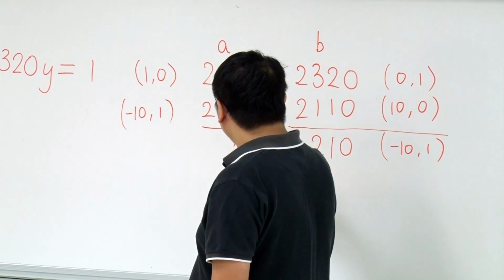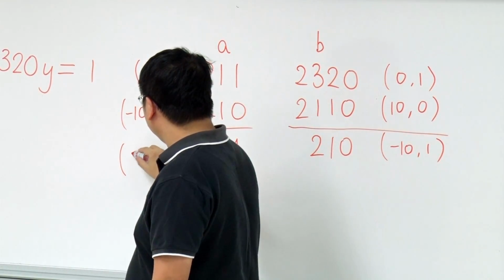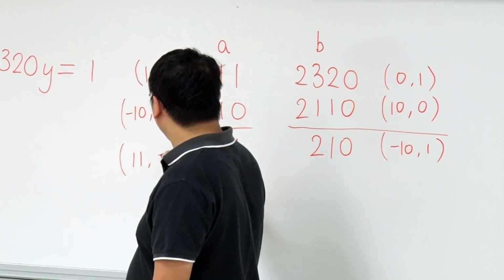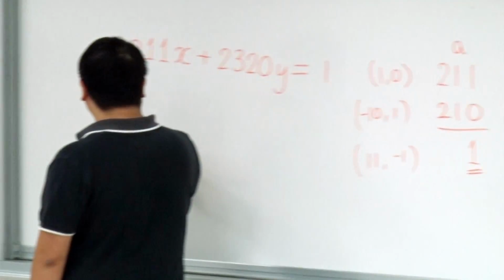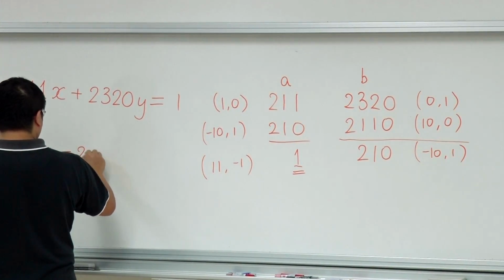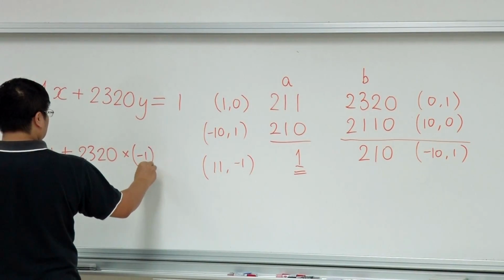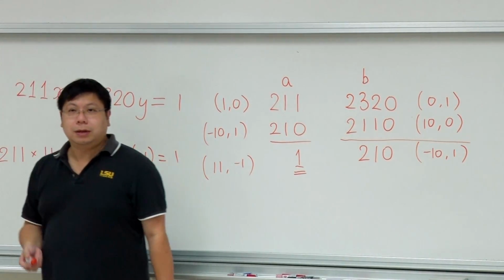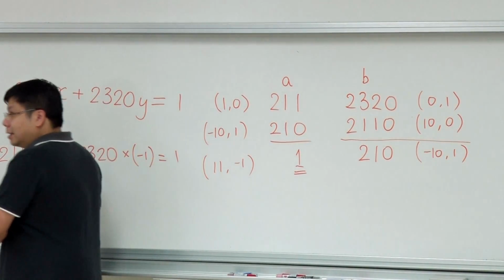And so we get the result that we want. According to this, it is equal to 11 and minus 1. So 211 times 11 minus 2320 times 1 is equal to 1. So this is the inverse of 211.